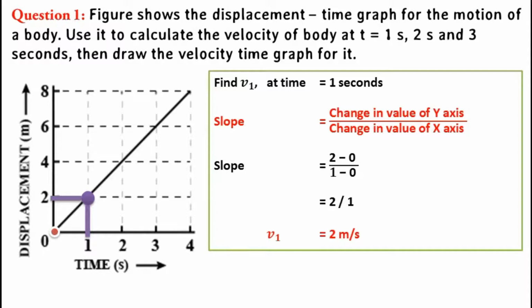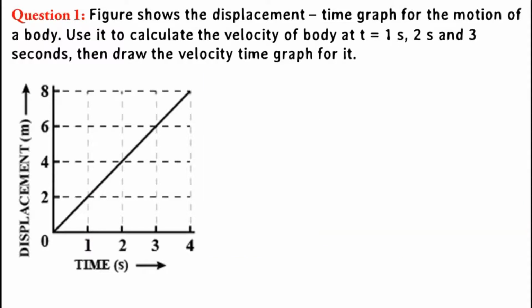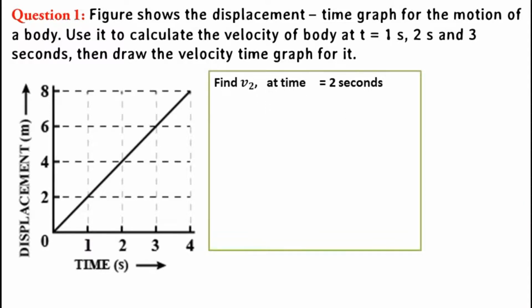Now in the same way we have to find velocity at 2 seconds. Similarly, mark a point on the line above time 2 seconds, as you can see now. Initial point we can take either 0 or 1. For our easy calculation, let us take 0. Now extend lines from the point to the y-axis and to the x-axis.